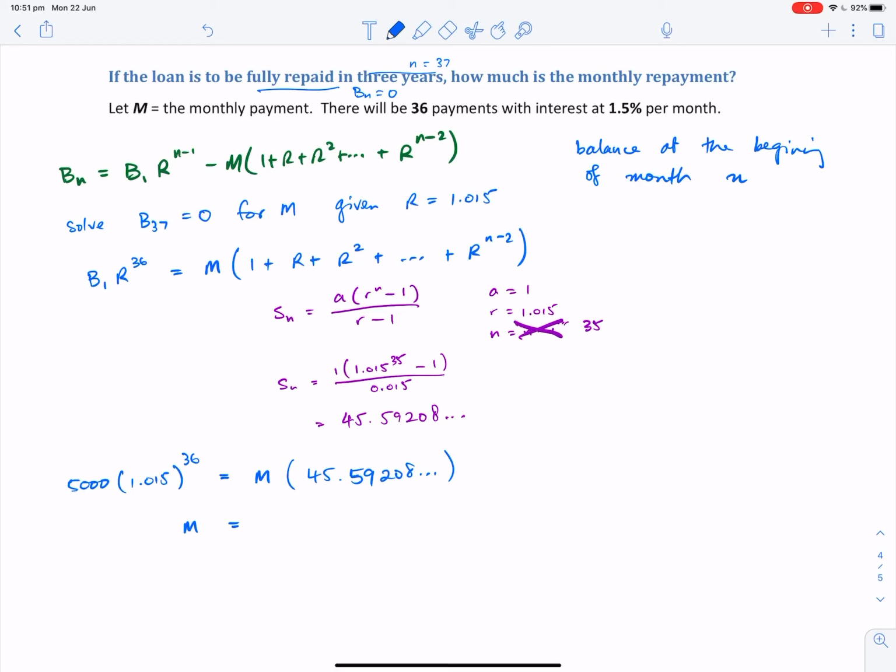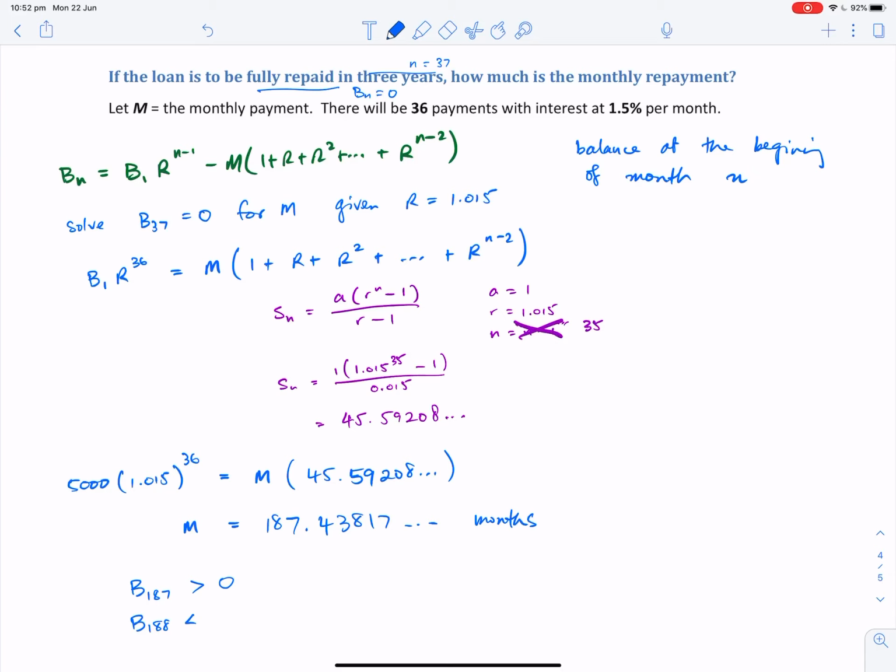So 5,000... okay, so that's months. All right, so the balance at the beginning of, all right, so B187 will be greater than 0.